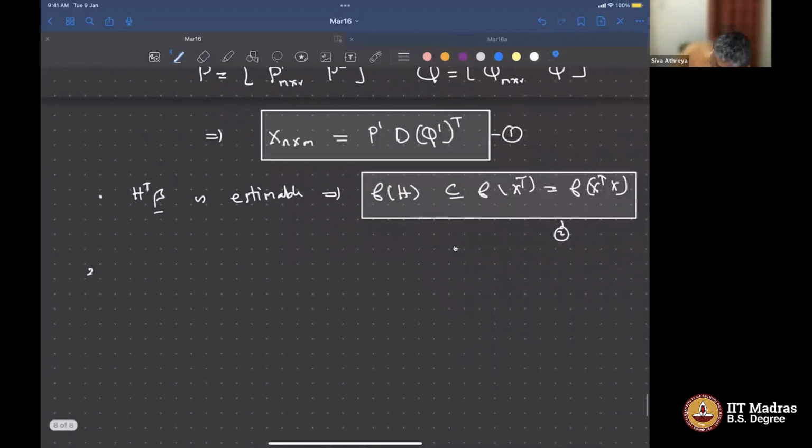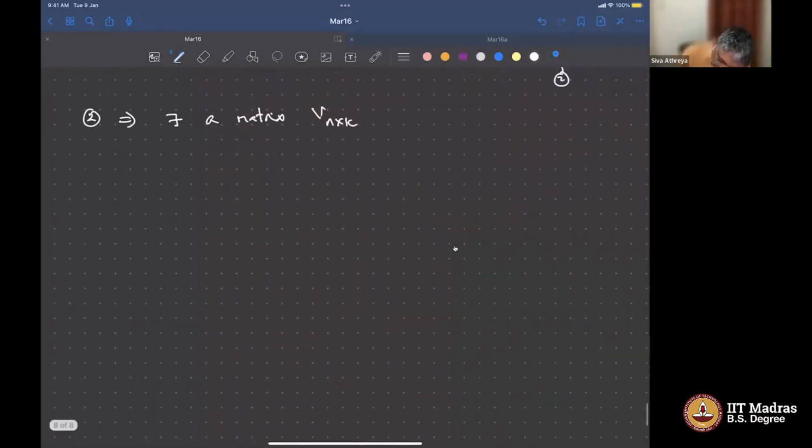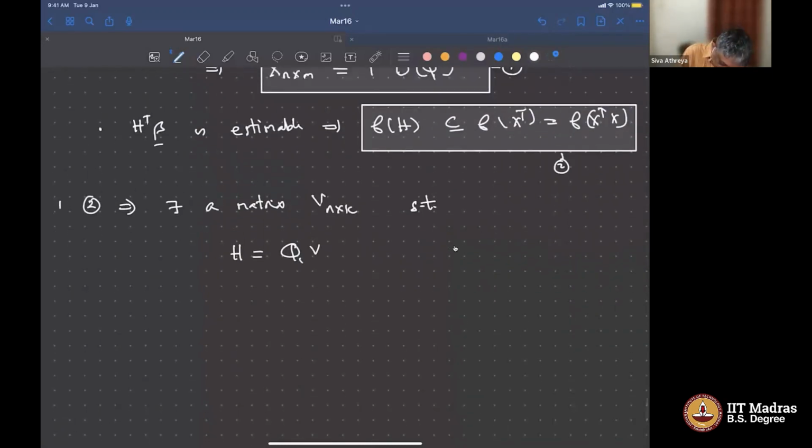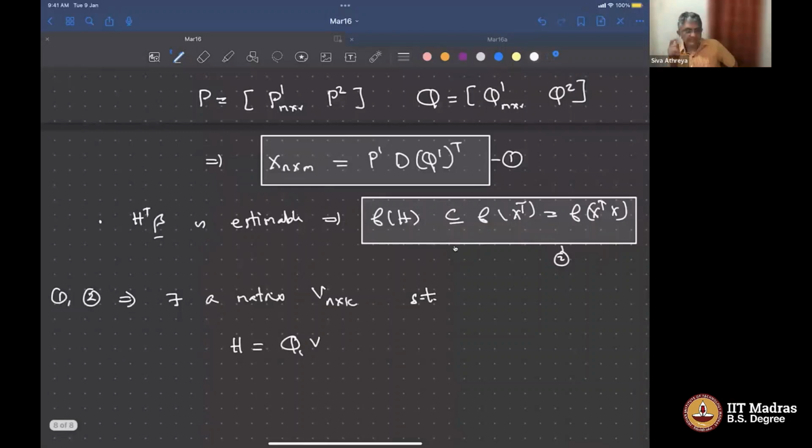So fact 2 implies that the column space of H is contained in this. That means there exists a matrix V, R cross K, such that H is equal to Q1 times V. When you compute X transpose X, the P goes away, so only the Q remains.